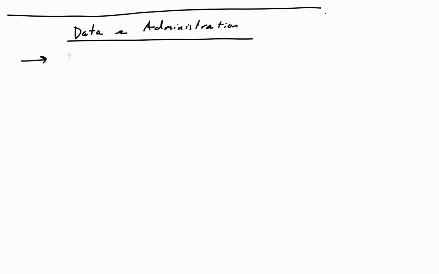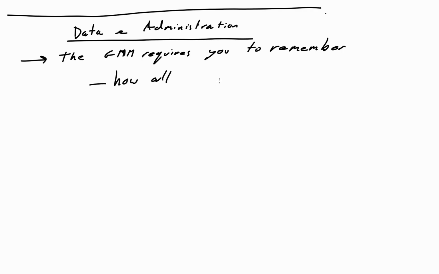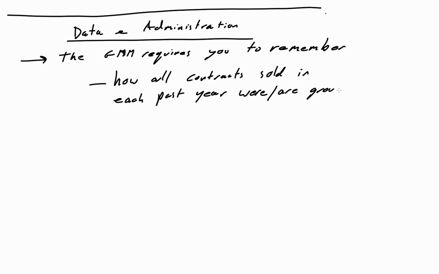So let's say in our first bullet, the GMM requires you to remember how all contracts sold in each past year were or are grouped.